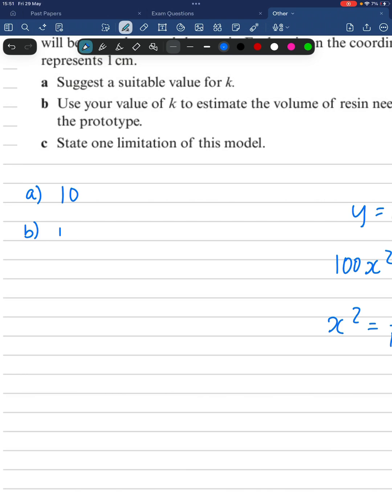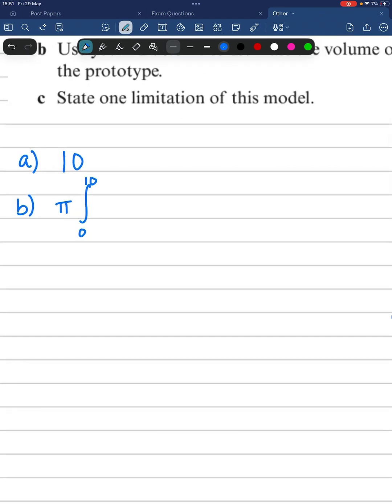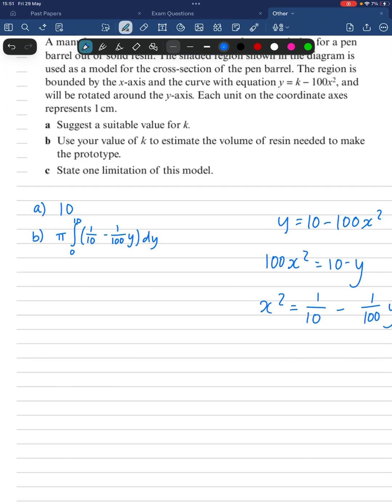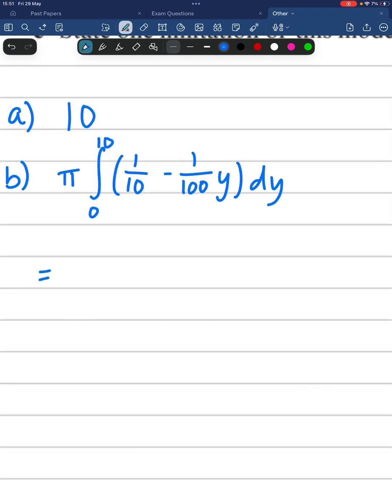So our volume is going to be pi, lots of the integral, between 0 and 10, remember, of 1/10 minus 100th of y dy, which is easy enough to calculate.